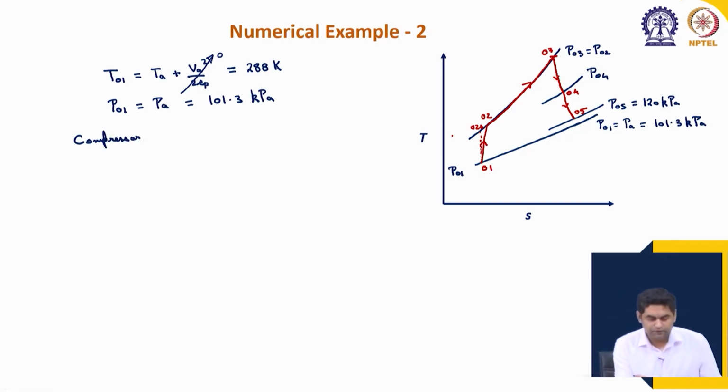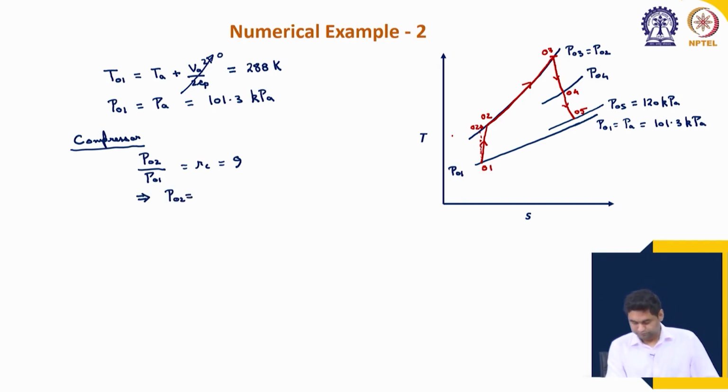For the compressor, it is given that P02 by P01 is equal to RC, which is equal to 9, which means that we can obtain P02, which is equal to 911.7 kPa, because P01 is already known to us.